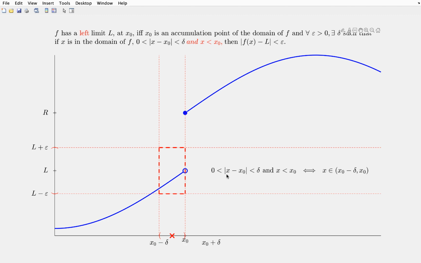Because if x is within delta of x naught and x is less than x naught, then that necessarily means that x is contained in the open interval from x naught minus delta to x naught. And if every x in this interval guarantees that f of x minus L is less than epsilon, then we say that my function has a left limit, or sometimes it's called a lower limit.